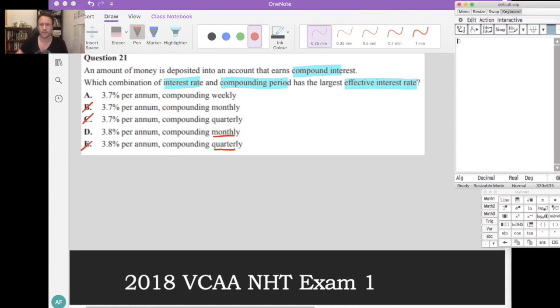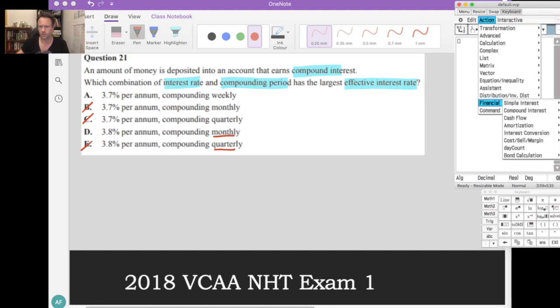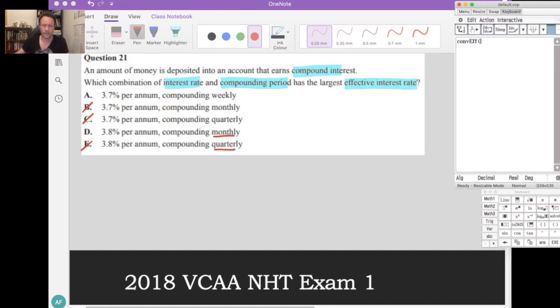So let's jump over to our CAS, go up to Actions, Financial, Interest Conversion, Convert Effective. We're after the effective interest rate, or what the actual interest rate would be per annum. In that, we want to put in the periods first. So compounding periods per year. In the first one, we have monthly, so that's 12.